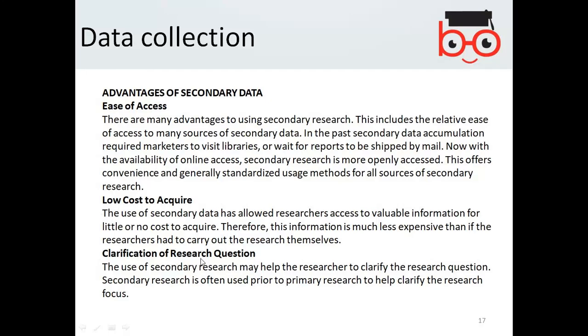Clarification of research question. In order to carry out research in your own domain and for your research question, the secondary data gives you more help in answering your research questions.